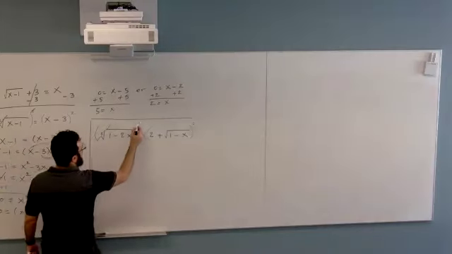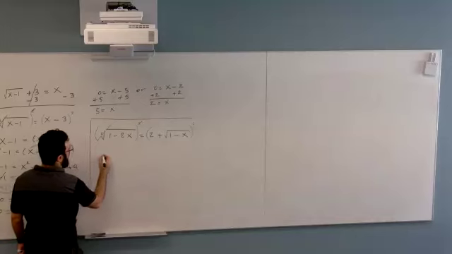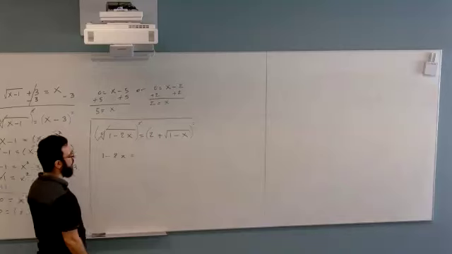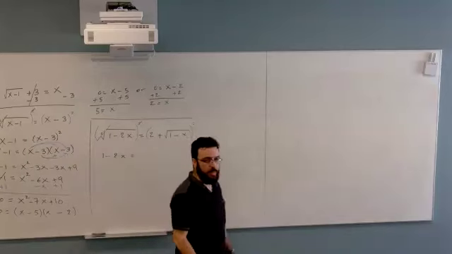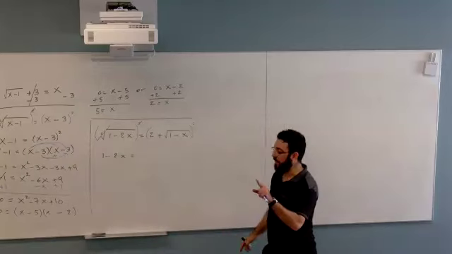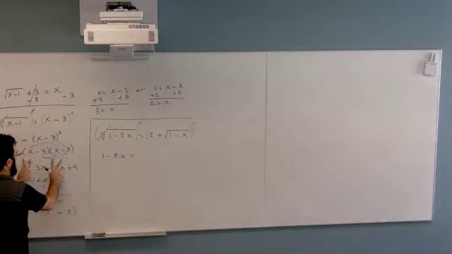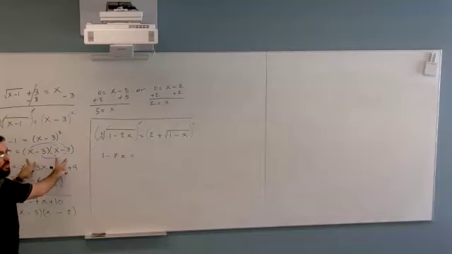Of course, this one is going to cancel with this one. So the left side here is 1 minus x equals what? That's the important part. We're going to do exactly the same thing we did here. Remember, I wrote down two parentheses?